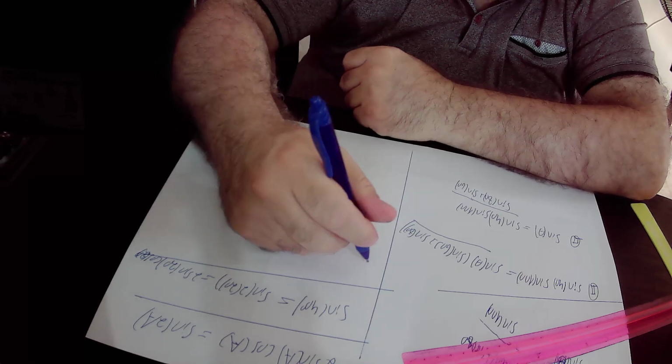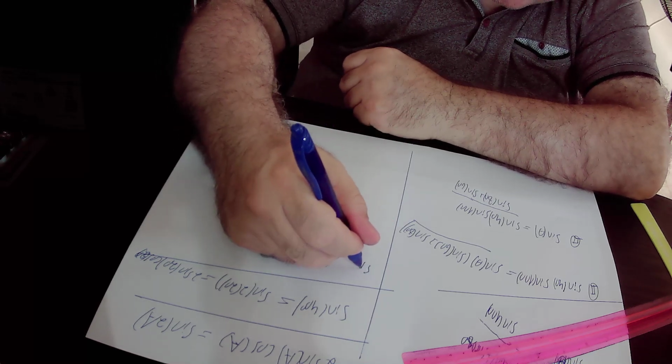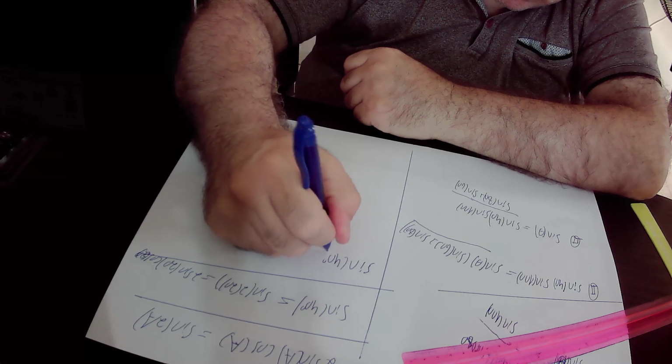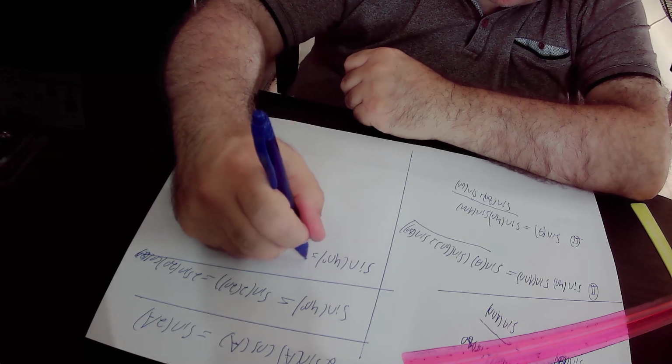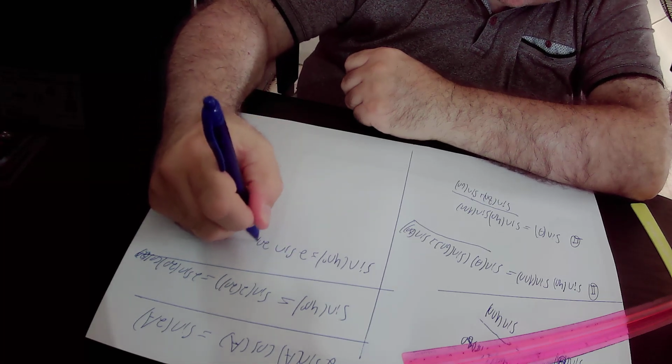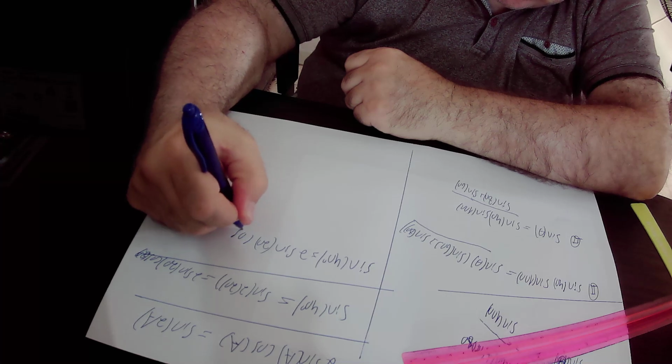So in conclusion, we found out that sinus 40 degrees equals 2 times sinus 20 degrees times cosine 20 degrees.